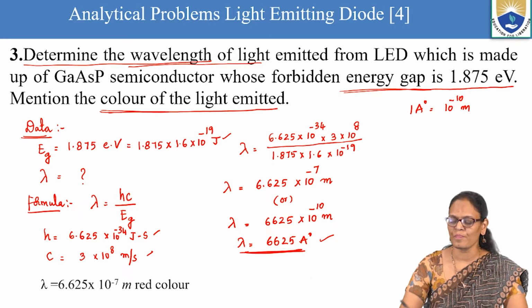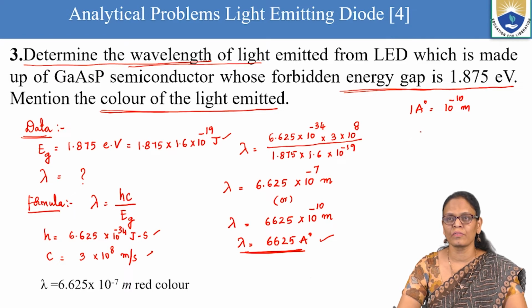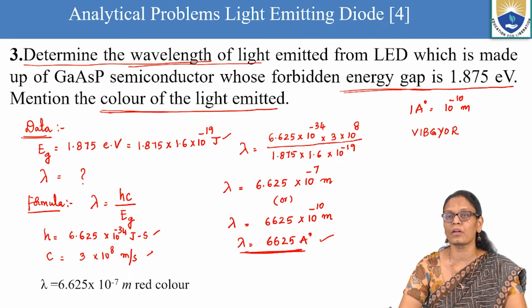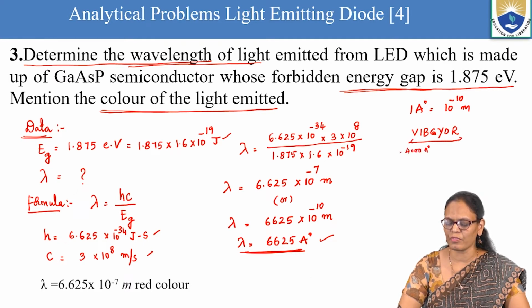If you see the visible light, whatever light that is visible to a normal human eye, we say it ranges from approximately 4000 to 6600 angstroms, or sometimes they say 7000 angstrom.